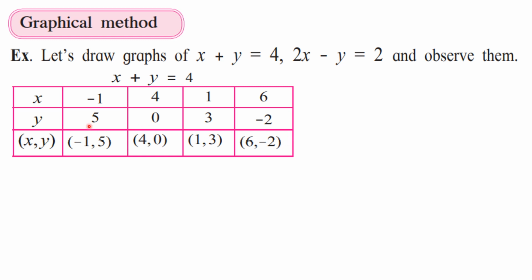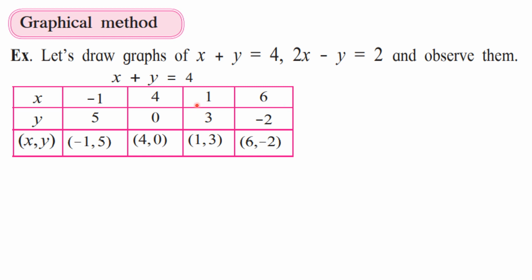Okay. So you can take values of x of your choice and find values of y, or you can take values of y of your choice and find the value of x. So it's up to you. For one variable you can take values of your choice, but the other variable's values you need to find. Now see, when x is equal to +1, this will shift here and become -1, so 4 minus 1, the value of y we will get as 3.